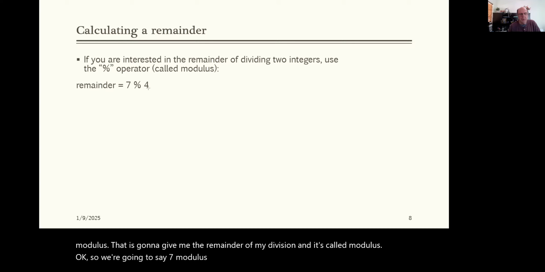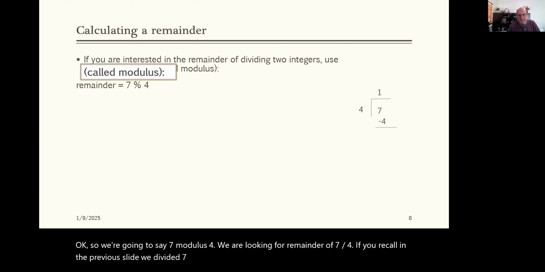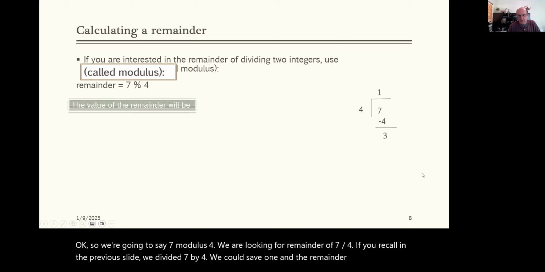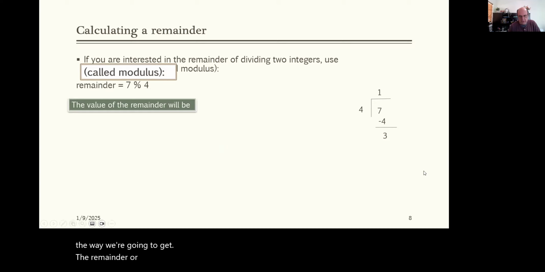We are looking for the remainder of 7 divided by 4. If you recall in the previous slide, we divided 7 by 4, we got 1, and the remainder was 3. So that's the way we get the remainder, or modulus. Our remainder is going to be 3 in this case.